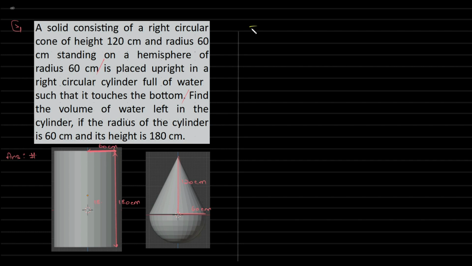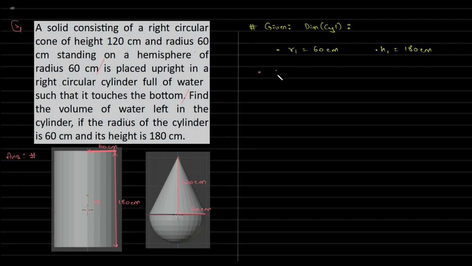Now we'll talk about the given. The dimensions of the cylinder: radius is 60 centimeter and height is 180 centimeter.